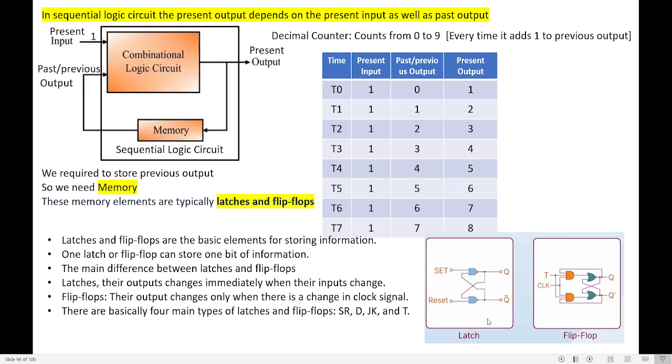What is the difference between a latch and flip-flop? Elementary level difference is in latch, the output depends upon the input. If my input changes, my output will also change. I repeat, in the latch, the output changes immediately when the input changes.